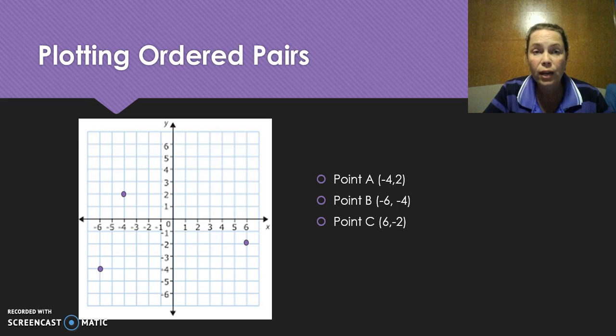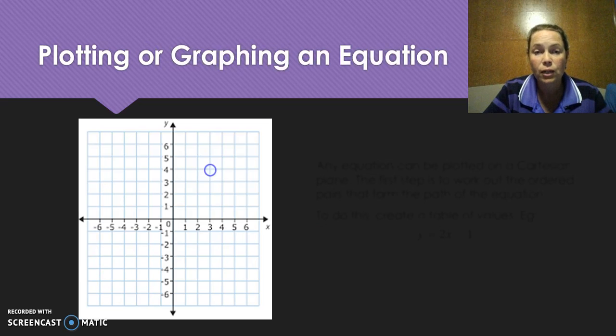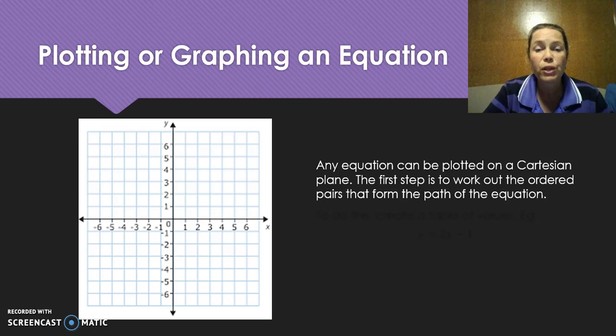Now, once you know how to plot the points, we can move forward to being able to actually plot an equation. Now, any equation can be plotted onto the Cartesian plane. And the first step is to work out the ordered pairs that we've just seen that form the path of the equation.